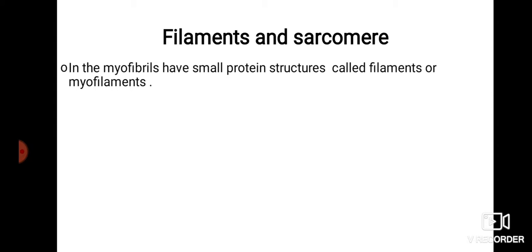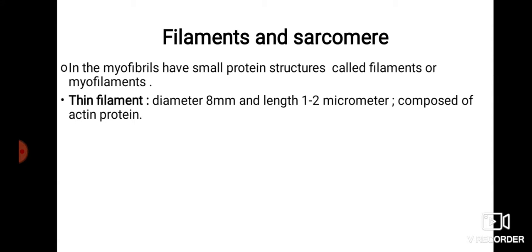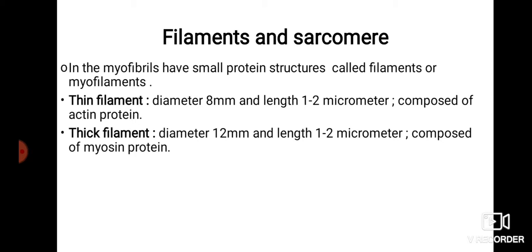Next we see the filaments, that is the myofibril filaments, and the sarcomere. In the myofibril there are small protein structures called filaments, and these filaments are of two types: thin filaments and thick filaments.